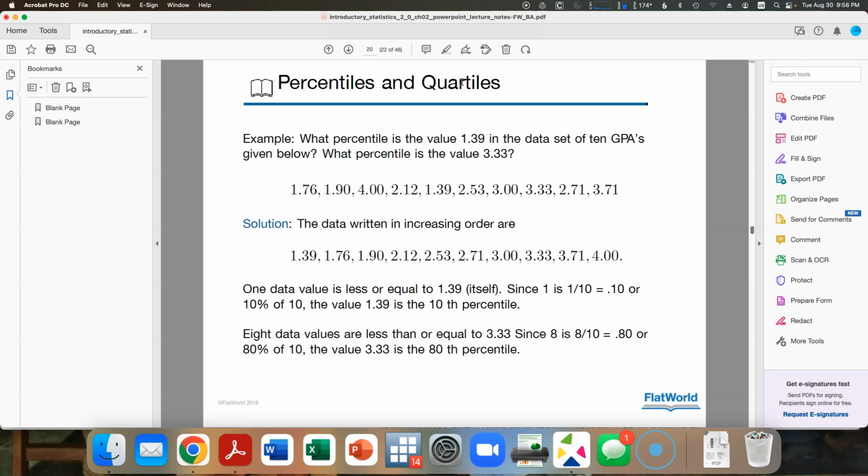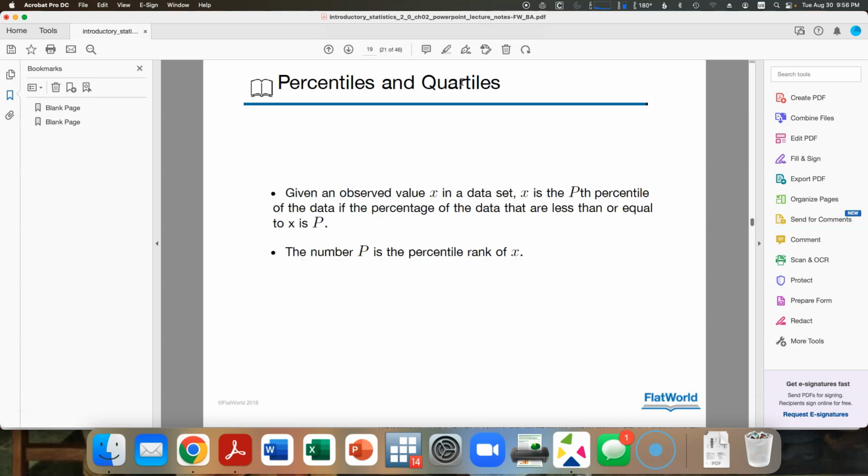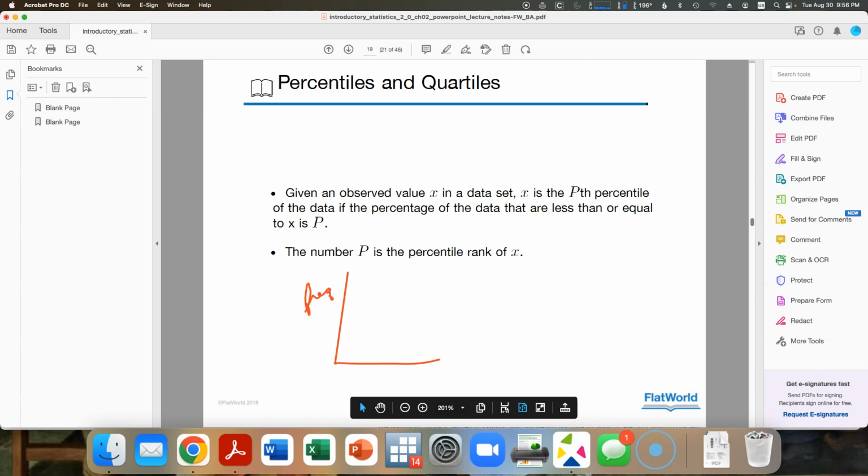So, if we wanted to graph that out, where we're looking at the frequency on the y-axis, let's say we have a normal distribution, then essentially we would have our middle of the data right here.